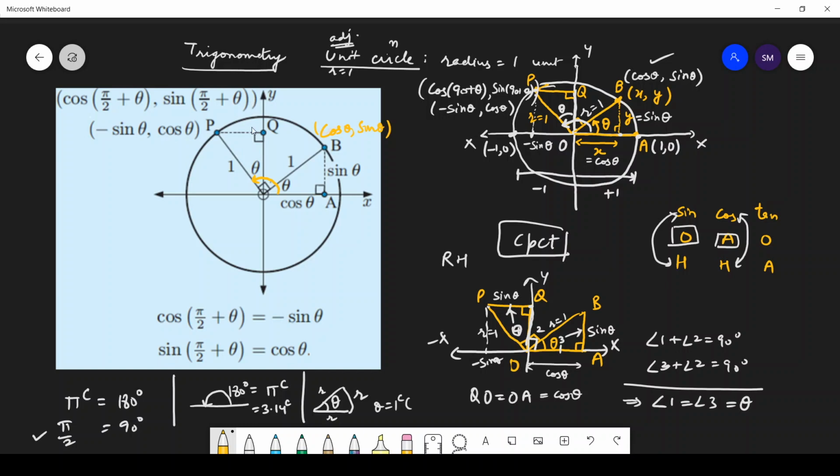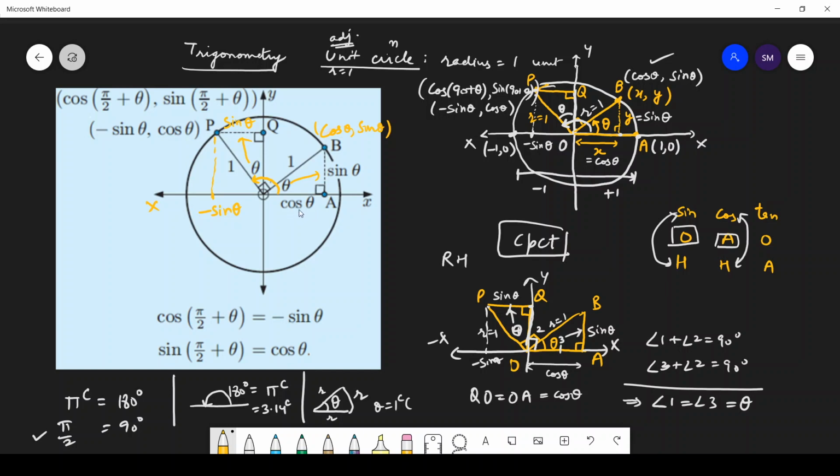So we have written the coordinates over there. Now this is cos theta, and I told you the side opposite to theta, this side is sine theta, so of course this length will be sine theta. And this length, as it is on the negative side, will be minus sine theta.